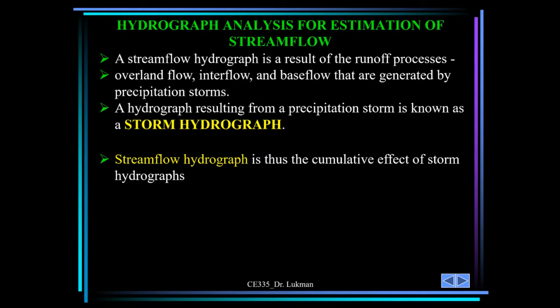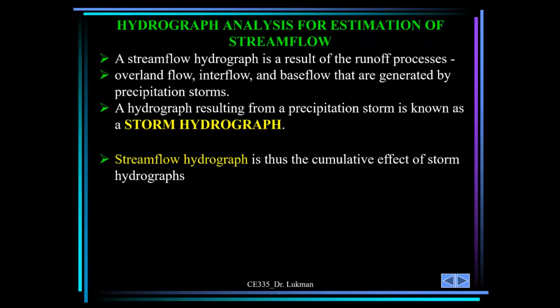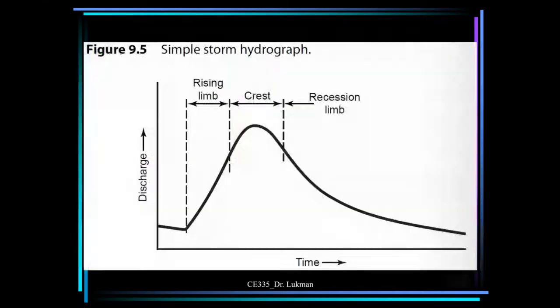At a particular point in the stream, you can then measure the flow rate versus time to form the stream flow hydrograph. Cumulative meaning you sum it up; you sum the storm hydrographs.